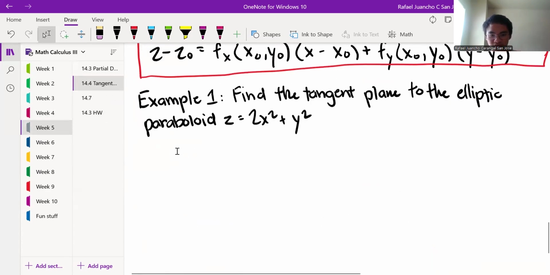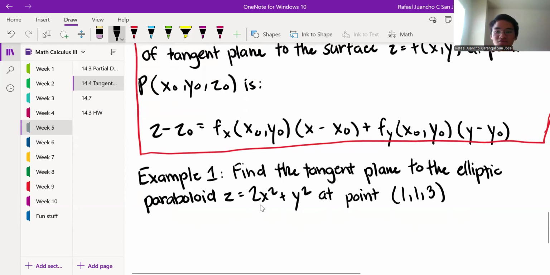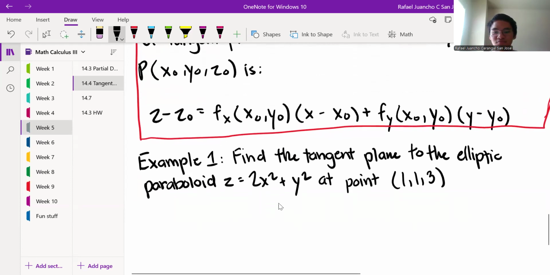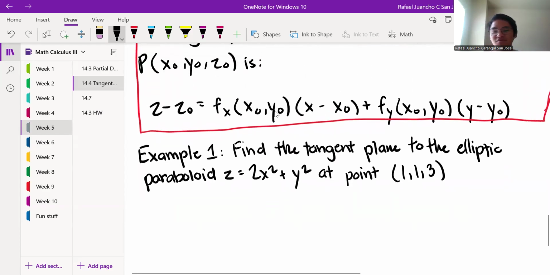Okay, so we have this elliptic paraboloid, and we want to find the tangent plane at that surface, specifically at the point 1, 1, 3. Right? Well, what do we need? Well, we already have this elliptic paraboloid, so we can. Well, yeah, we need to take partial derivatives. Obviously, we have our initial point, so we can use that.